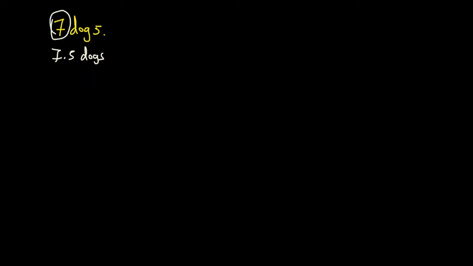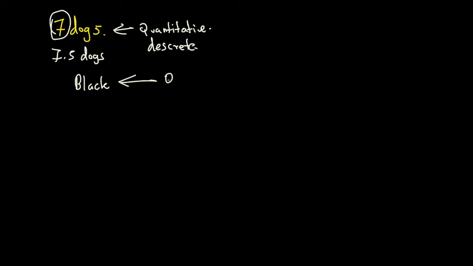So this is quantitative and discrete. And if I say a cat has black fur, it's black, so it's a color, something that we see. This is not dealing with any number, so this is qualitative.